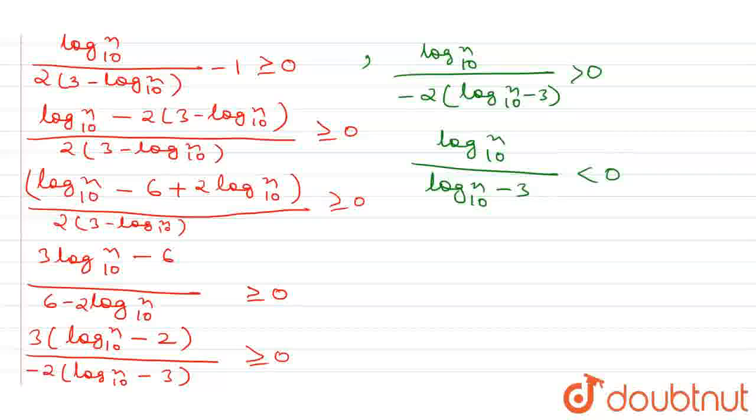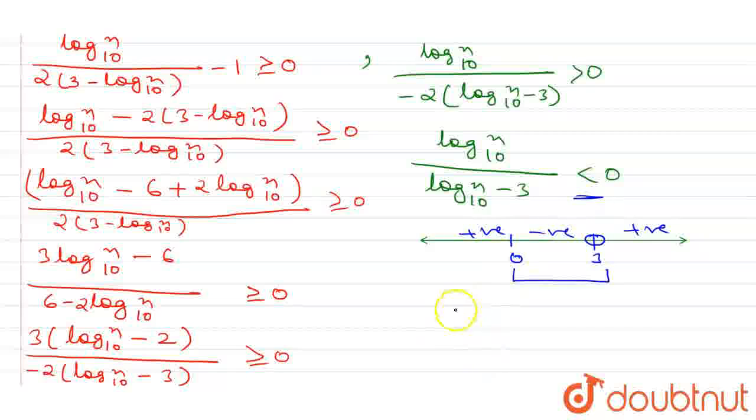So here I draw the number line. Then I write on which values this function is 0, so on 0 and on 3. So 3 is the critical point, and after 3 the function value is positive, here it is negative, and here it is positive. So from here this interval is our answer because this inequality is negative.